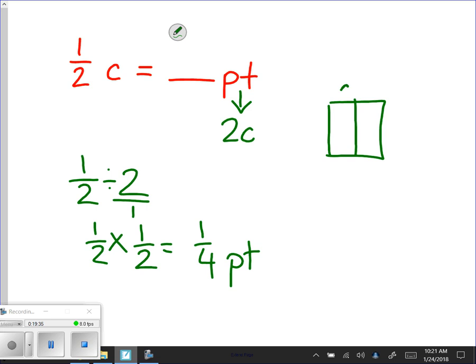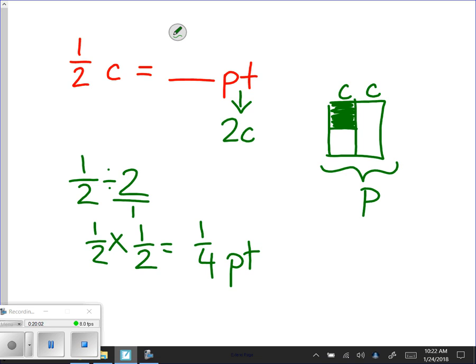This is a cup, this is a cup. And you only have half of a cup. Isn't that only 1/4 of a pint? If this whole thing right here is 1 pint, it's only 1/4 of a pint.